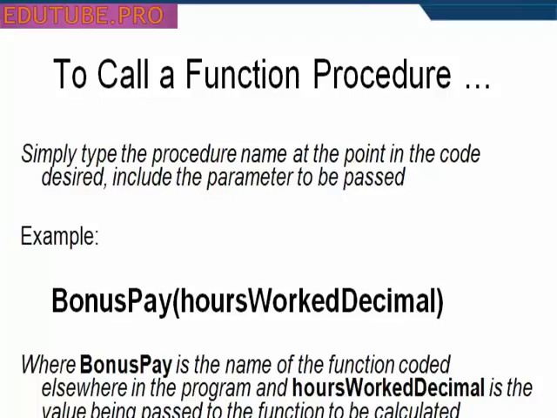That's it. So at this point in the program, that statement is being executed. This assumes, of course, that bonus pay is a function that's been coded elsewhere in the program, and that hours worked decimal is the value that is being passed to the function to be calculated. Once this function has been executed, the control of the program returns to the next statement that would appear below this bonus pay call statement.